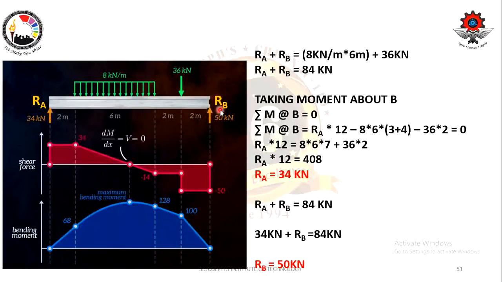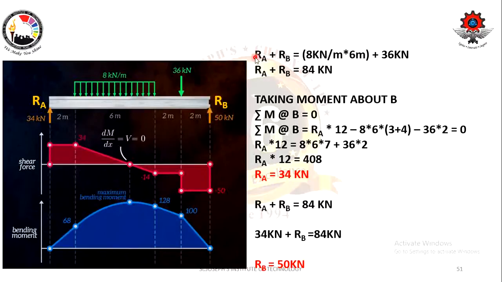At the beginning itself I have given the entire solution so that I can take you through it step by step, which will be easy for you. The values are 34 kilonewton and 50 kilonewton. We are supposed to know how these values, 34 kilonewton and 50 kilonewton, were determined.